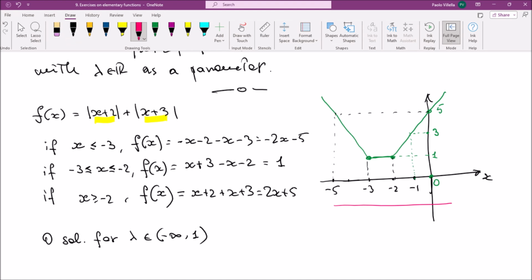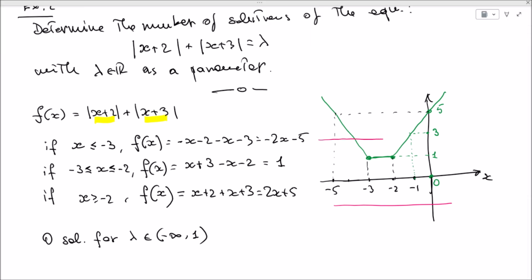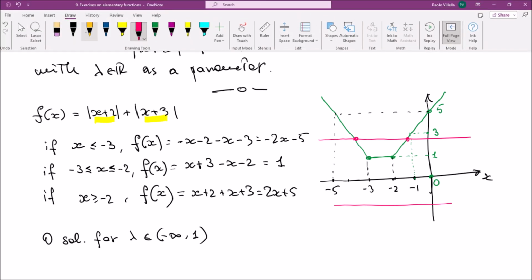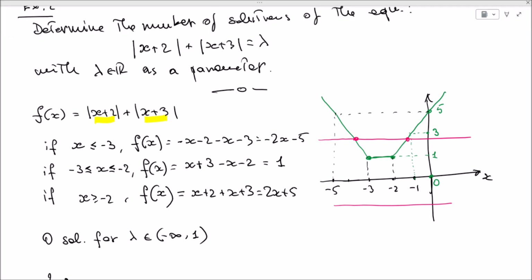If instead we have a line that is crossing the y-axis at a value larger than 1, we will have 2 intersections, 1 and 2, right? So we have 2 solutions for lambda that belongs to the interval (1, +infinity).